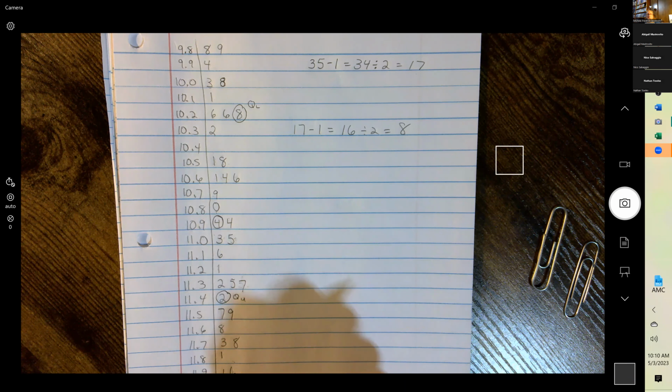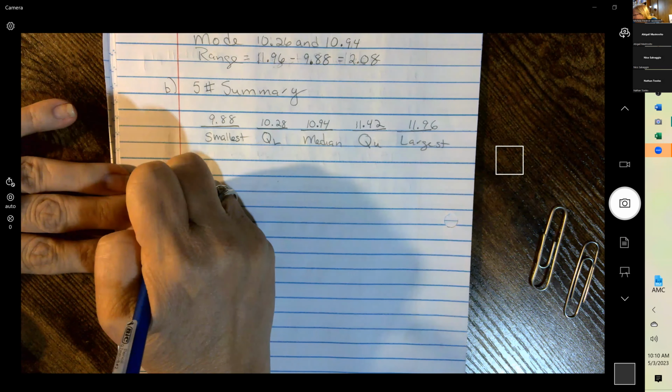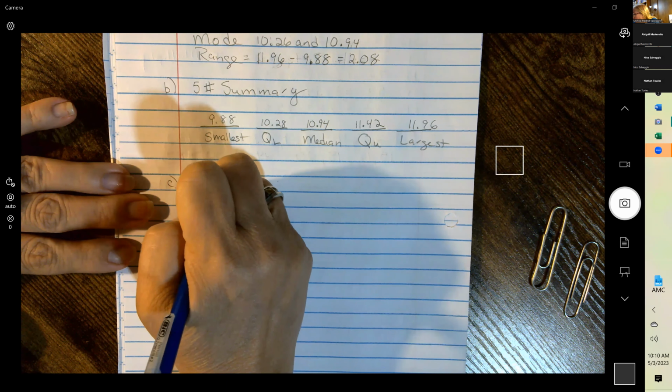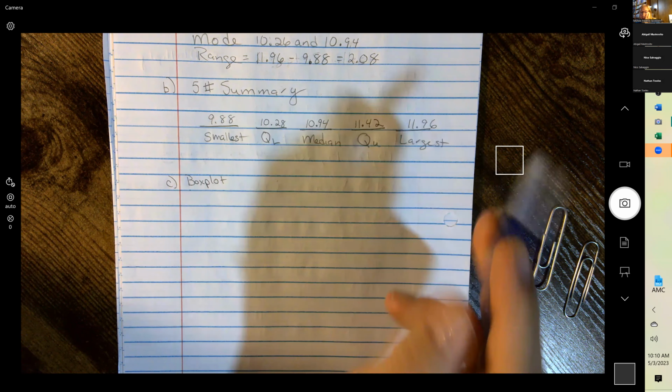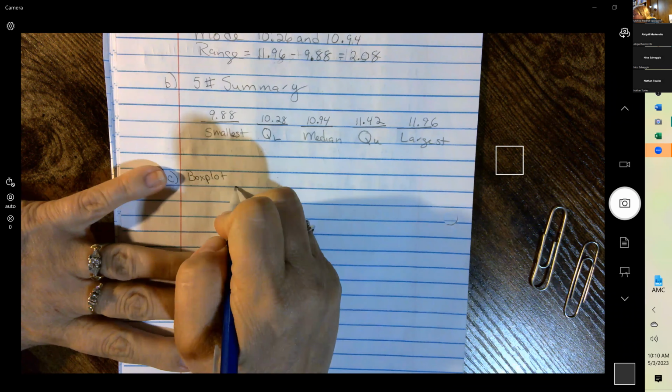Any questions on that? For the box plot, you put a vertical line at each one of these. Are there any questions on the box plot?